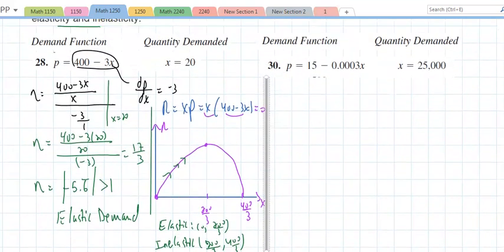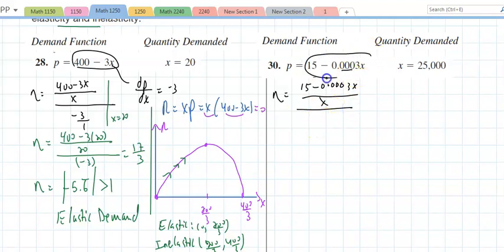How about problem number 30? If I want to figure out eta, I need the demand function, the price, which is 15 minus 0.0003 x, over x, all over the derivative of this. Isn't that negative 0.0003?